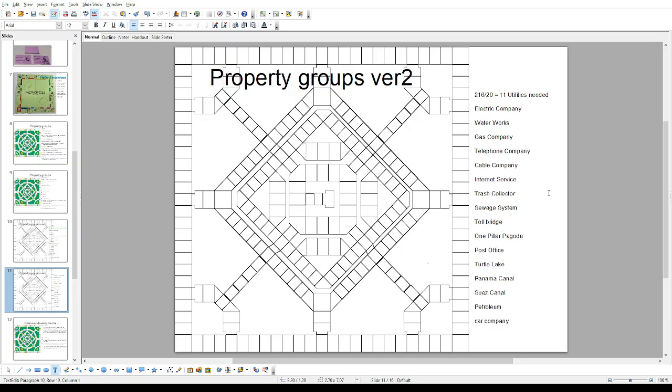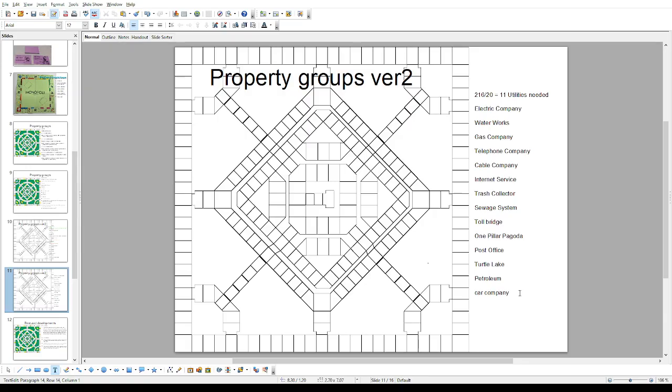And it has to do with international shipping over the ocean, which is why it has Panama Canal and Suez Canal. Yeah, I'm going to dump those because no. One Pillar Pagoda. I don't even know what that is. No, seriously.